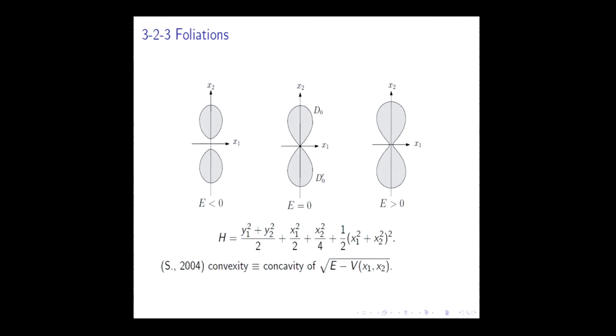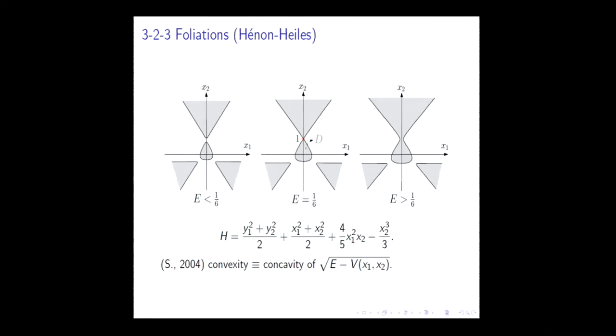There are many other examples. This is a perturbation of the Henon-Heiles Hamiltonian. Here we see the perturbation is in this term here. In Henon-Heiles, this term is equal to 1. We take something slightly less, it can be any number between 0 and 1. So in this case, we see that there is the connected sum of a bounded component with an unbounded component.